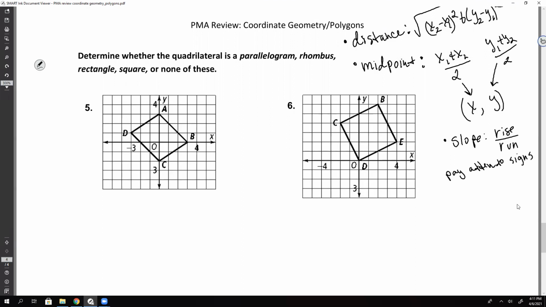Okay, and parallel. If two lines are going to be parallel, they have the same slope. If they're going to be perpendicular, the slopes have different signs, and then their fraction is flipped.